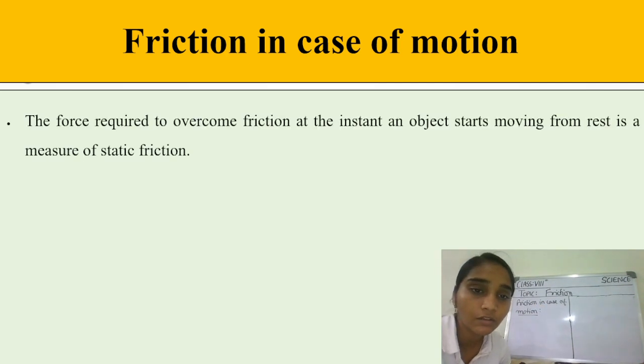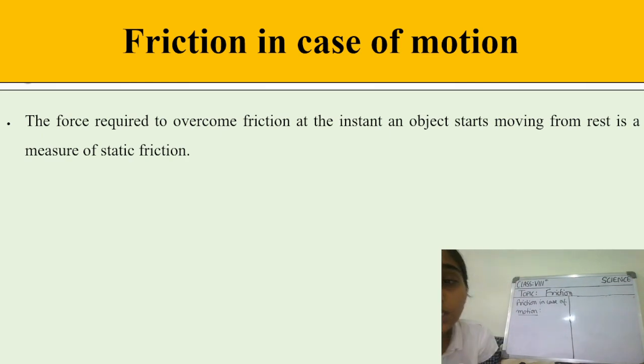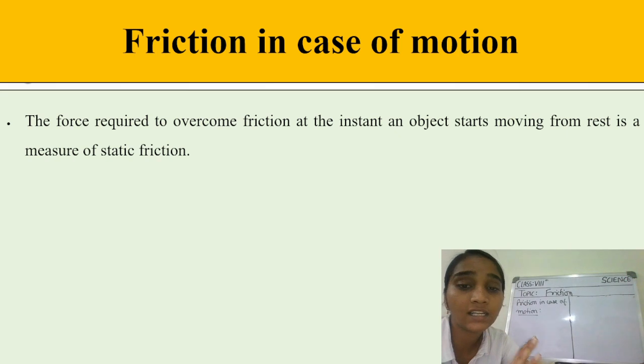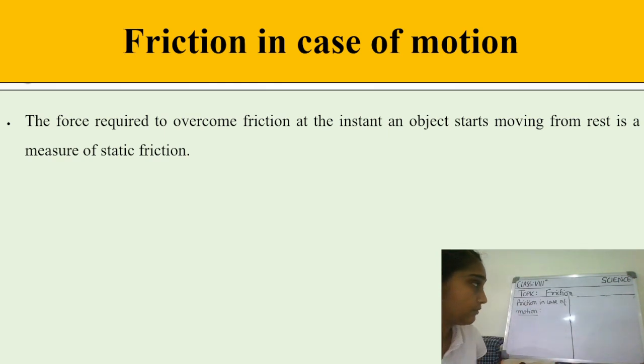The force required to overcome the friction at the instant an object starts moving from rest is a measure of the static friction, right? When an object is at rest and we apply so much force that it overcomes the friction and starts to move, that is what we term static friction.